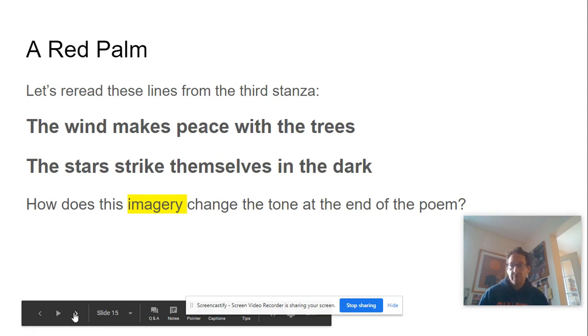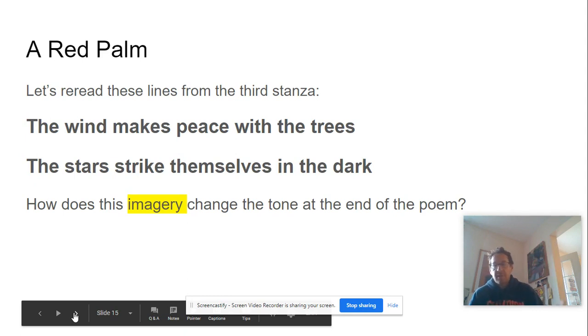And the wind makes peace with the trees, the stars strike themselves in the dark. If we're thinking about that imagery, that's pretty peaceful and calm. It's nature doing what nature does. You know, the wind settling into the trees, the stars essentially turning themselves on at night as it gets darker. It's a beautiful way to just say the stars have come out, almost like striking a match and creating that flame of light.